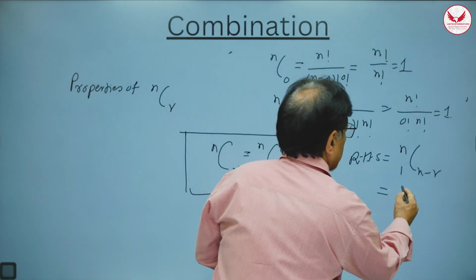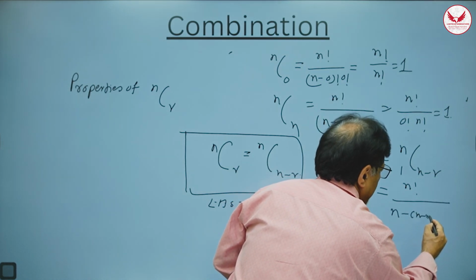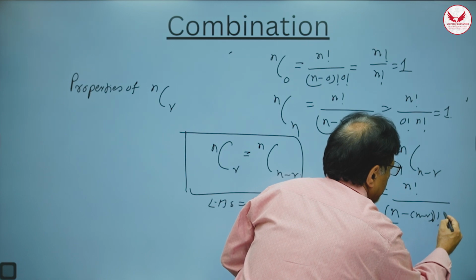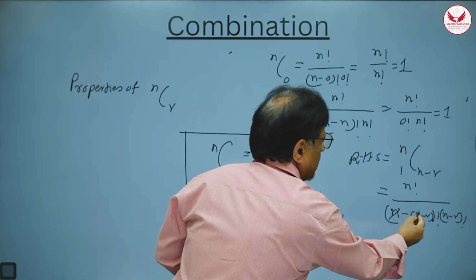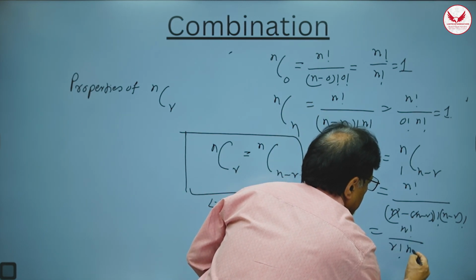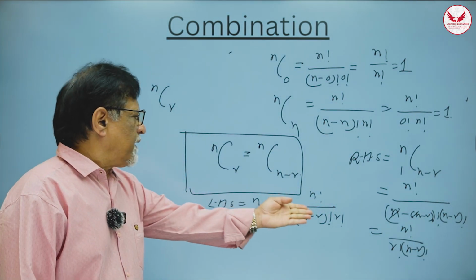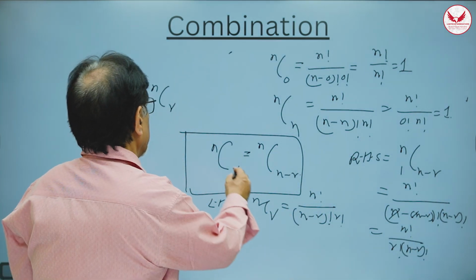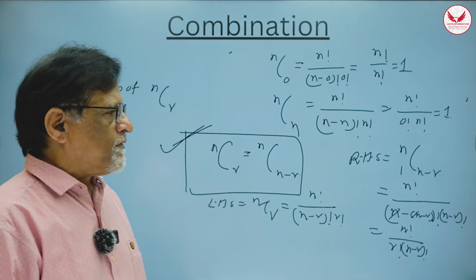That is n factorial divided by (n minus (n minus r)) factorial into (n minus r) factorial. But here n will get cancelled, and what will be left? n factorial upon r factorial into (n minus r) factorial. Correct? So LHS and RHS are actually same. So therefore, this identity is established, right? NCR is always equal to NC(n minus r).